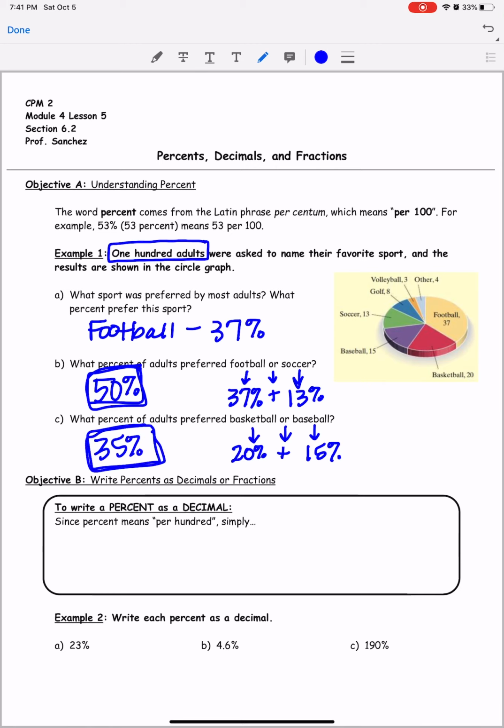Okay, objective B, we need to write percents as decimals or fractions. Because percent means per 100, you can do this one of two ways.